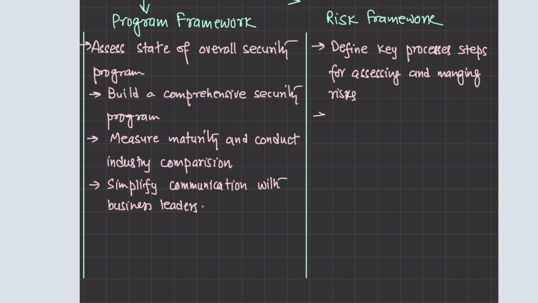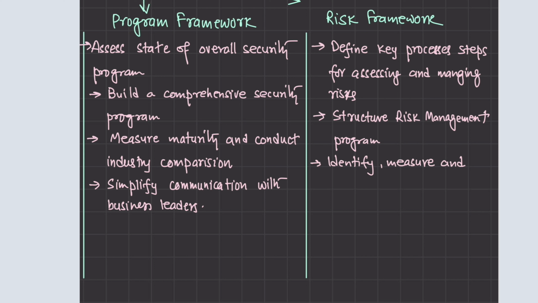Now, a risk framework defines key processes and steps for assessing and managing risk. It is a structured risk management program. A risk framework identifies, measures, and quantifies risk, and prioritizes security activities. For example, we have NIST 839, 837, 830, ISO 27005, and FAIR.